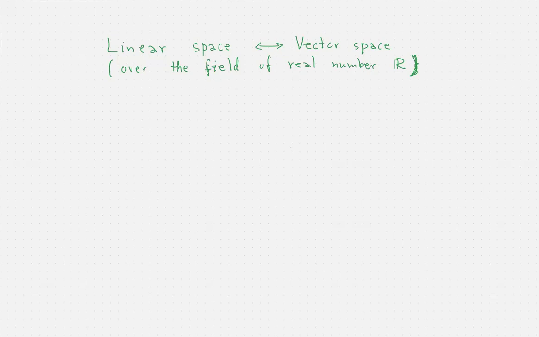So the prototype for what we're constructing here is Rn. So in Rn, we can do what? Rn consists of all n-tuples of numbers. All of these are real numbers. This symbol means belongs to.